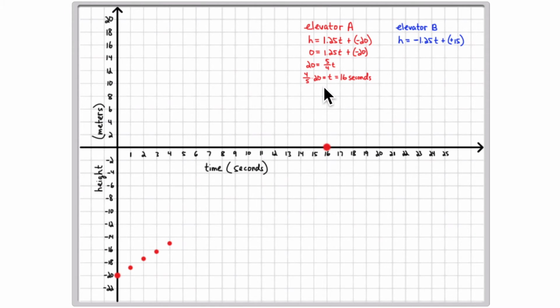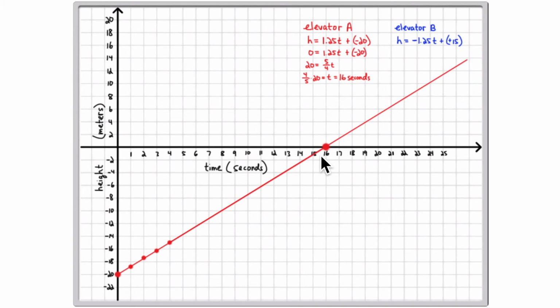Take 20 divided by 5. 20 divided by 5 is 4, and 4 times 4 is equal to 16. So that's this 16 seconds right here. You really only need these 2 points, the 16 seconds and the negative 20 meters, to draw this line. And draw that line. And so that is the graph of this equation right here.